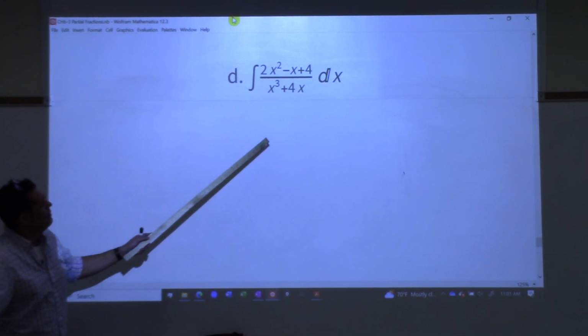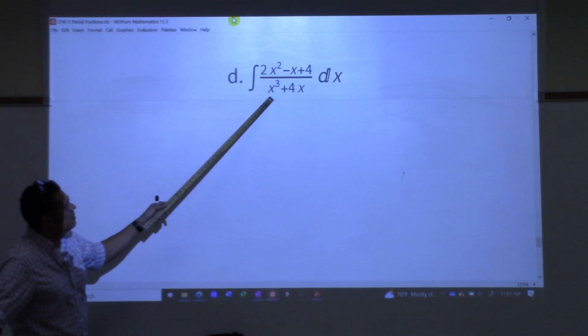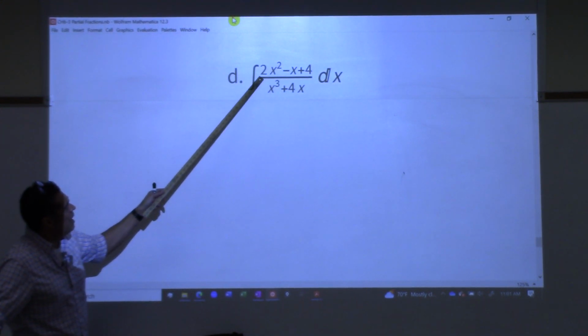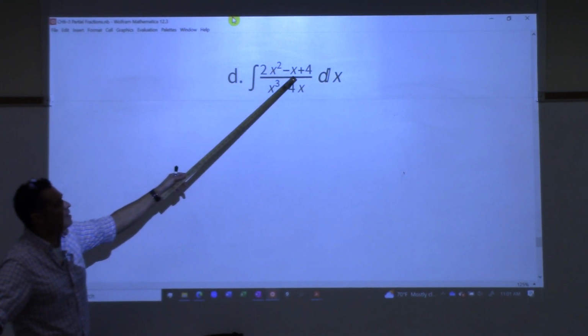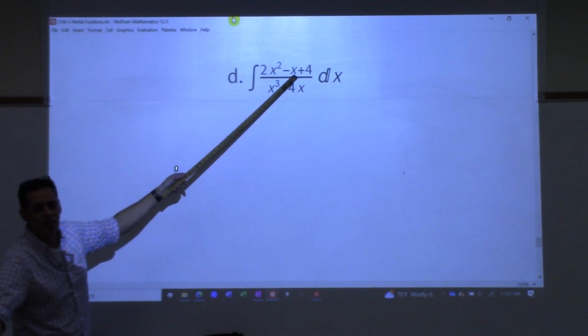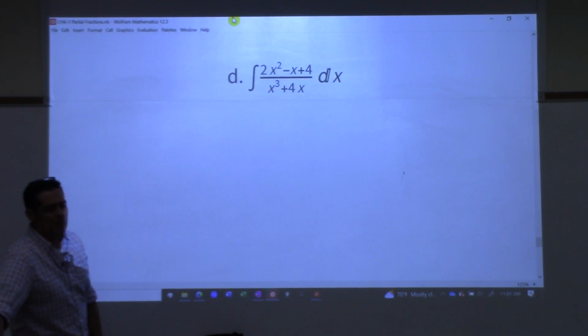If you let u be the bottom, the derivative of the bottom is 3x squared plus 4, and you could probably make that a 3x squared, but this is an x term, and you don't have an x term in the derivative of the bottom. So let's just go straight to partial fractions.